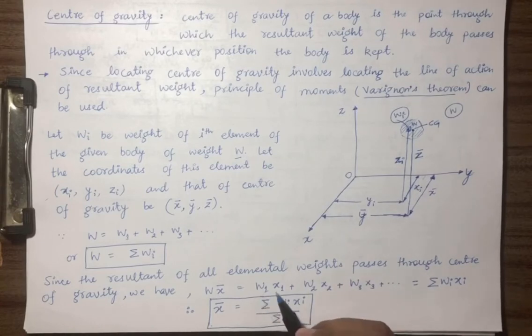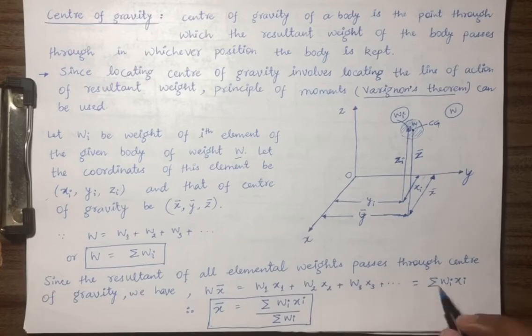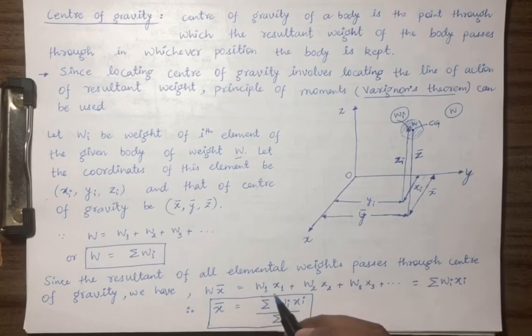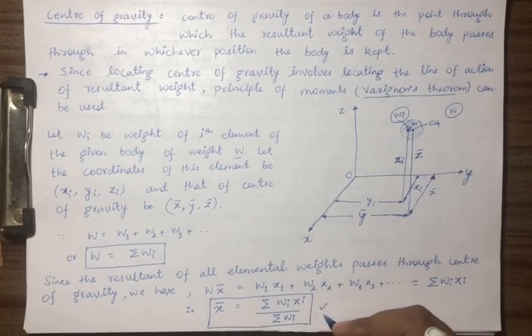So this is w1 x1, w2 x2, w3 x3 till the last element, or we can say that this is summation wi xi, where i goes from 1 to n. So the x coordinate of the center of gravity is x bar, which is equal to summation wi xi upon summation wi.